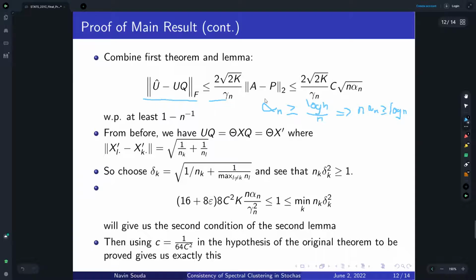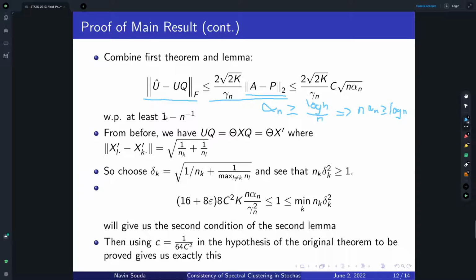We just apply that first lemma once, and then we replace this spectral norm by C times root N alpha_N. And this holds with probability at least 1 minus N to the negative 1.